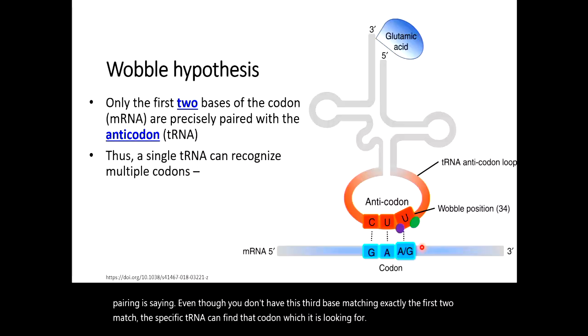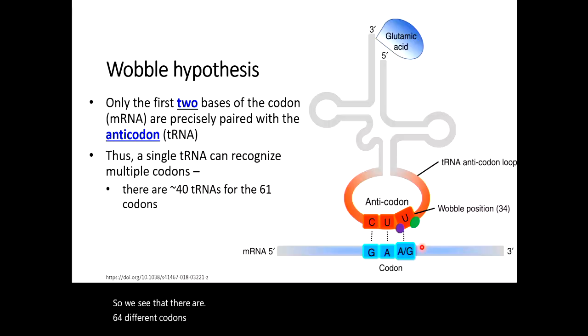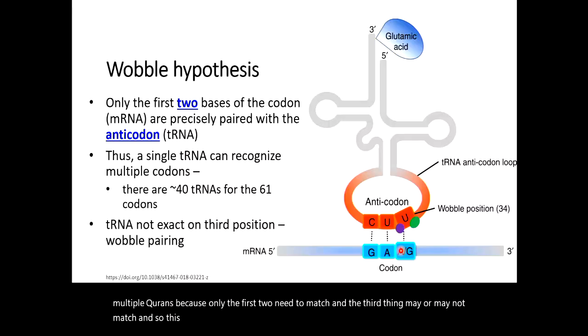So we see that there are 64 different codons, right? But there are only 40 tRNAs, because a single tRNA can identify multiple codons, because only the first two need to match and the third may or may not match. And so this wobble pairing is where the third position does not have an exact match.